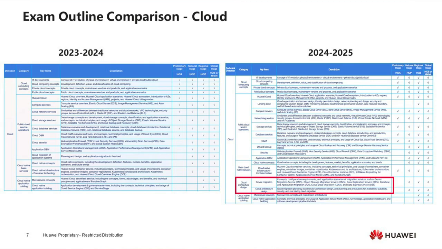Also, you will find some questions about service migration in the national stage. And furthermore, in the regional stage, we will have more content, especially in the written part. You need to know about microservice concepts and some cloud native application building processes, such as ASM.